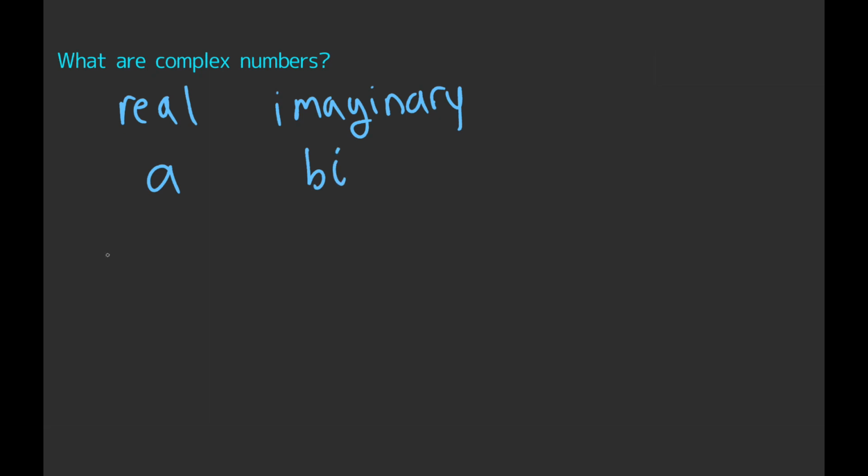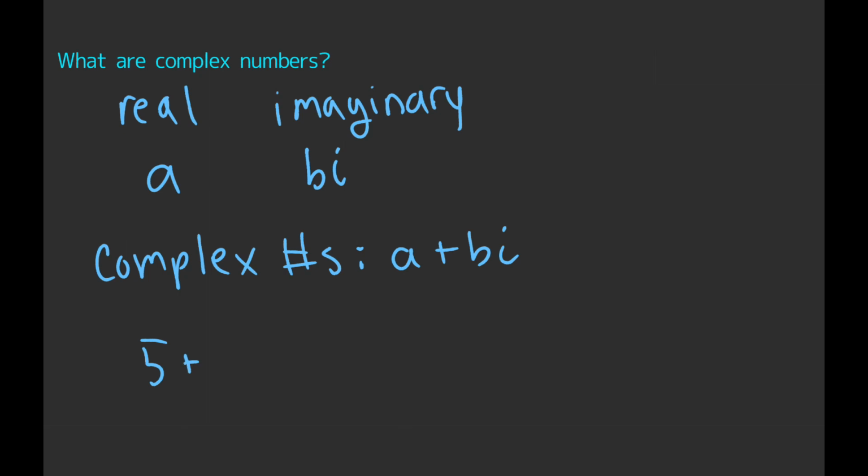So complex numbers are written in the form a plus bi, where a is real and bi is imaginary. Some examples of complex numbers are 5 plus 6i, 6 minus 2i, or -3 plus 12i.